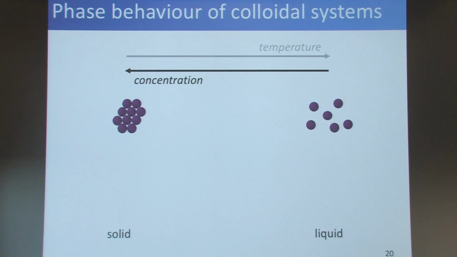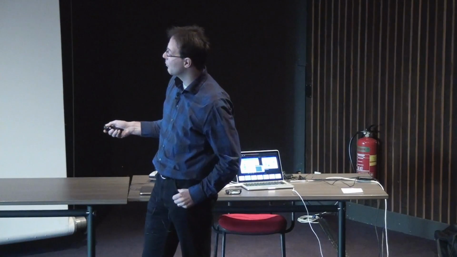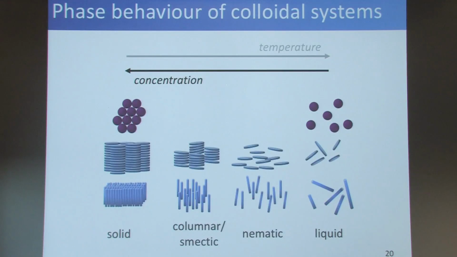So these are just balls, right? And balls have a solid phase and a liquid and gas phase. Well, strictly speaking, we call it a fluid, but it doesn't matter. They only show one thing: they go from a liquid to a solid. But if we now look at, say, rod-like colloidal particles, they have a liquid down here. But if you pack them, increase the concentration, so more and more of these, they go through these liquid crystalline phases, and Dirk has already shown a movie of this: nematic, smectic, and a solid phase at some point.